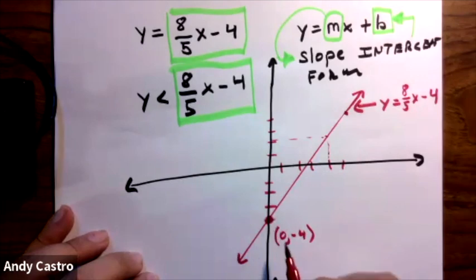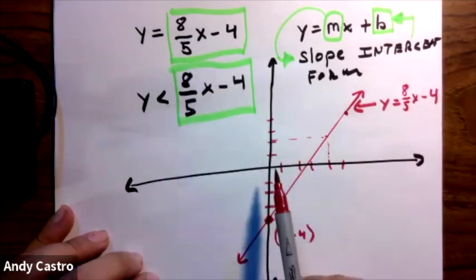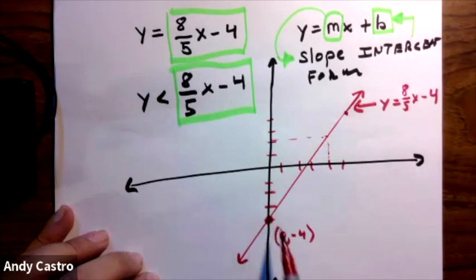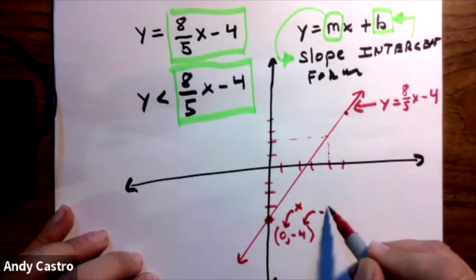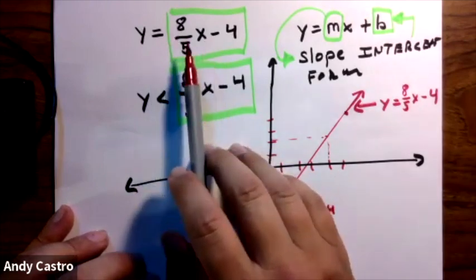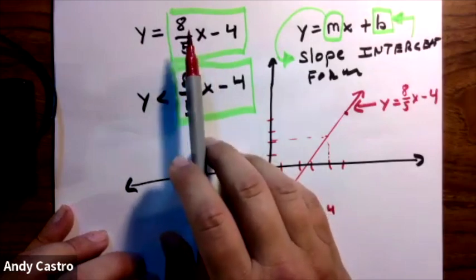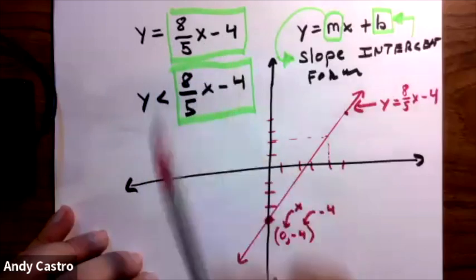If I plug in 0 for x, my corresponding y is -4. 0 times 8 over 5 is 0, 0 minus 4 is -4. y is equal to -4.